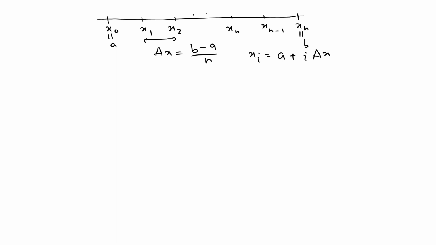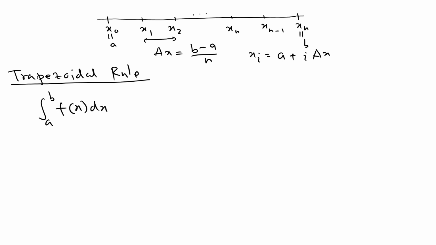Let's write the two formulas. First the trapezoidal rule. The integral from a to b of f(x) dx is approximately equal to T_n, which is delta x over 2 times a format of 1 2 2 2 2 1.